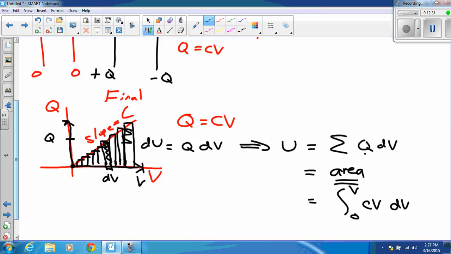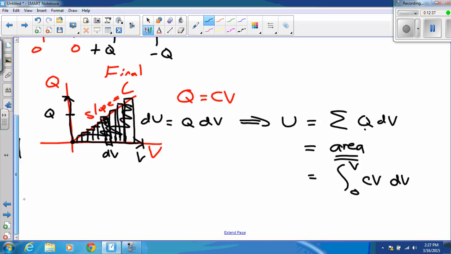Okay. So the area right here, then, is going to be what? Well, this is a fairly standard shape. What is the shape that we're looking at? It's a triangle. And so its area, which is the work done, is going to be 1/2 of base, which is the voltage, times the height. And that gives us the same result that we got by averaging. It is the average amount of charge stored in there while we're charging times the voltage right there.